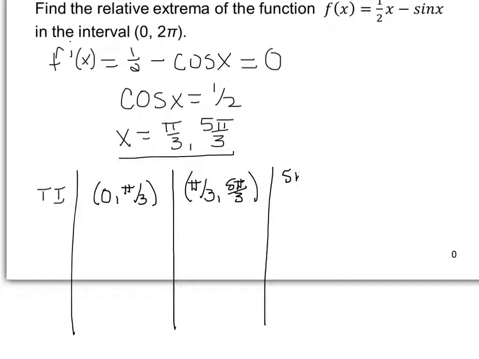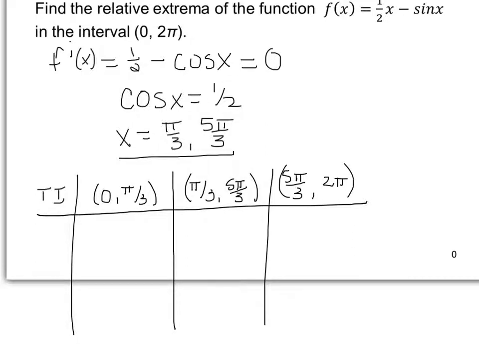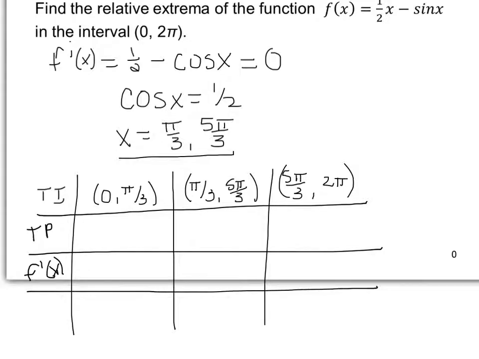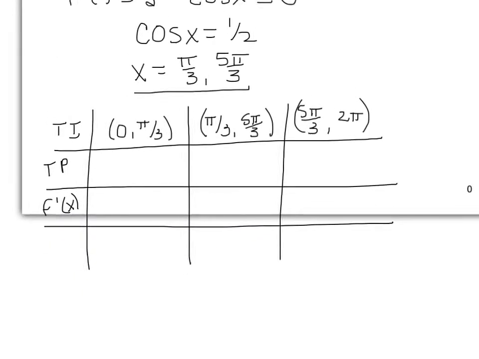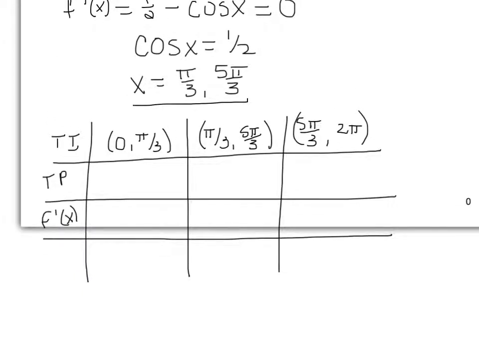And from 5 pi over 3 to 2 pi. Then I'm going to have a test point, so I'm just going to put TP for test point. I'm going to evaluate f prime of x at that test point. I'm going to look at my sign, and then I'm going to make some conclusions.